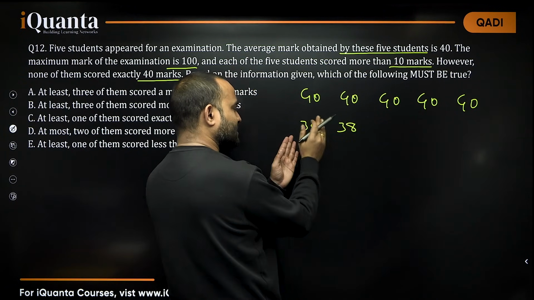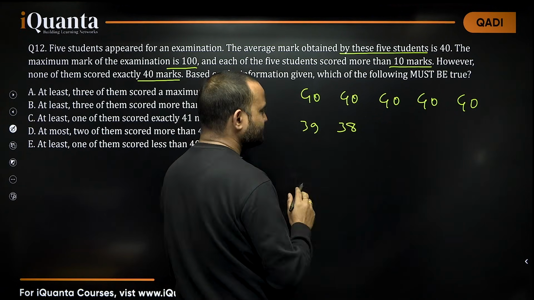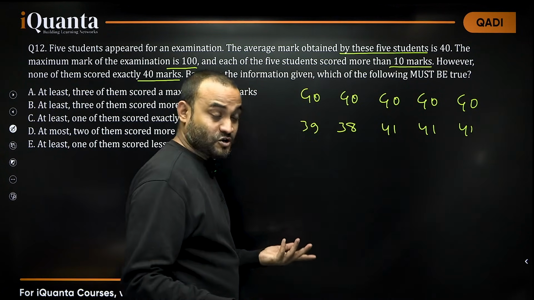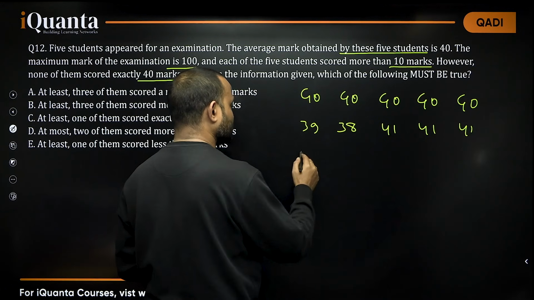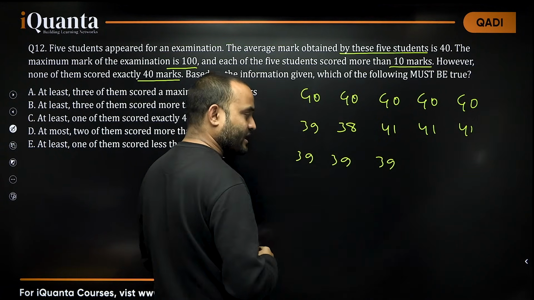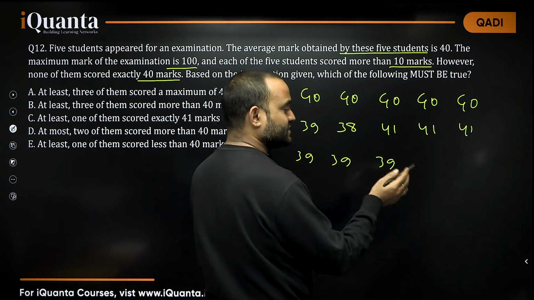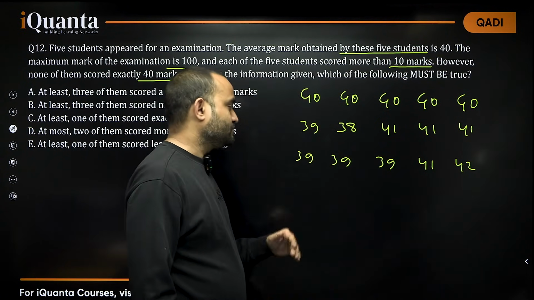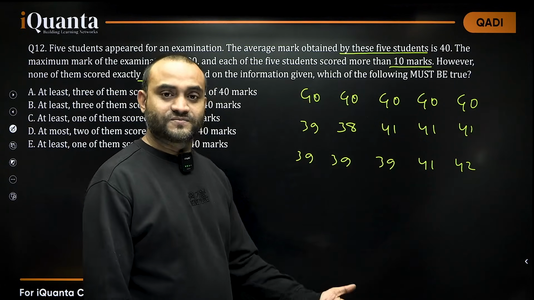Then there is a deviation of 3. So I can take this as 41, 41, 41. This is possible. It's also possible that 39, 39, 39, right? And then there is a deviation of 3 from 40. So this could be 41, this could be 42. Still, we are getting average as 40, right?